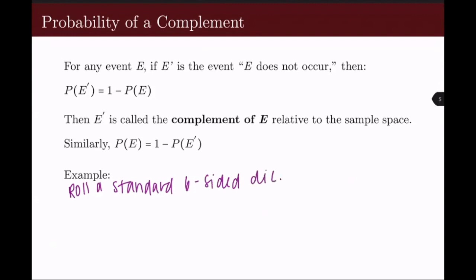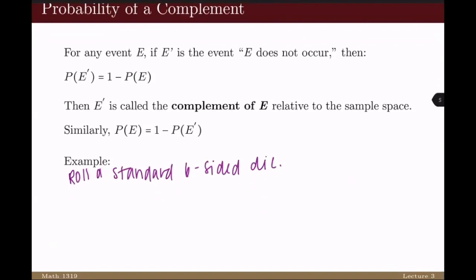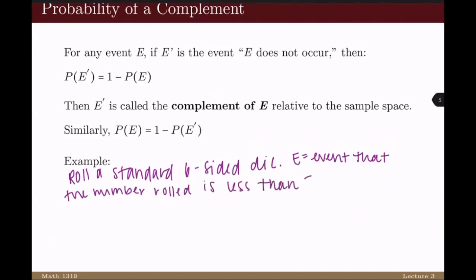Let's say we want E to be the event that the number rolled is less than 5. Let's go back to this example.